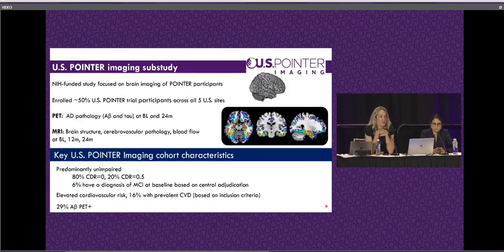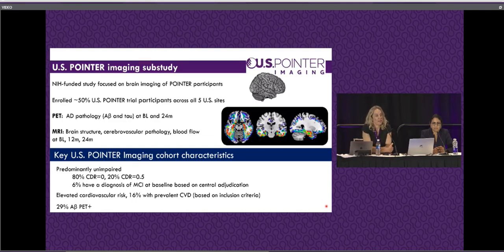So the imaging sub-study is one of 4 ancillary studies, and you'll be hearing about this data in the coming months as we look at our intervention effects. We're incredibly excited about it. And so for today, we're going to be focusing on the baseline characteristics of this data set. There is some ancillary study data that's going to be reported in this session, and of course, other data, as I said, to come.